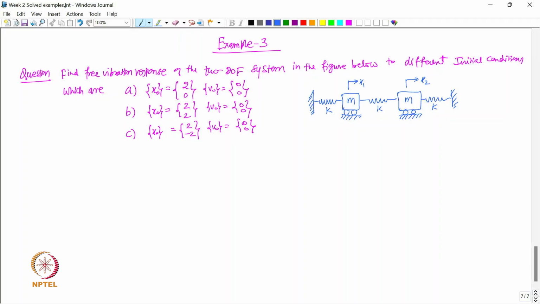Right, and the values are m is equal to 2 kg and k is equal to 1000 Newton per meter, right. So let us solve this problem.